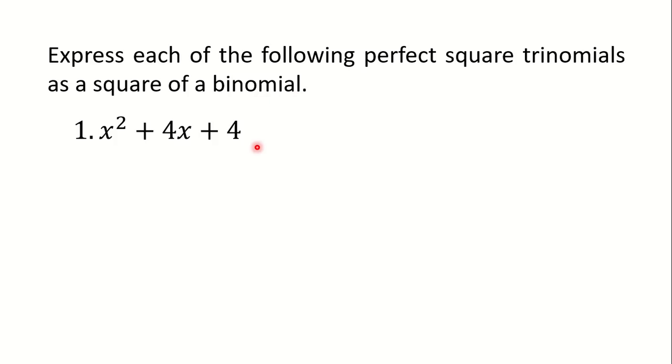So, kanina, anong sabi ko? Kapag kinukuha natin yung square of binomial, kunin lang natin yung square root ng constant term nyo. Yung nasa dulong term. So, ano yung square root ni 4? That is 2. So, therefore, ang square of binomial is x plus 2 squared.